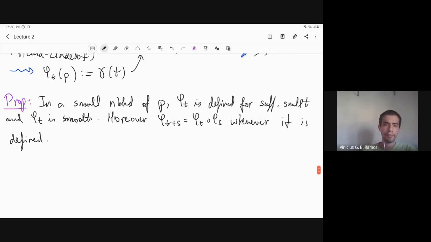And in principle, it's not defined for every t, and maybe it's not even possible to define it globally.